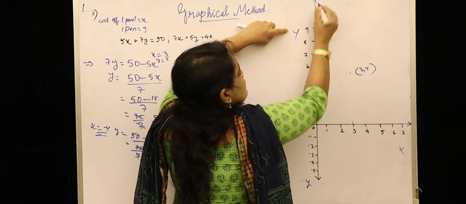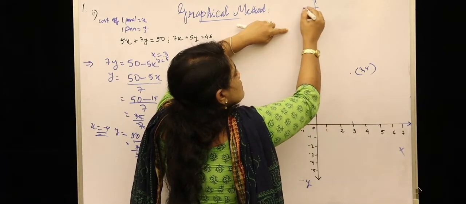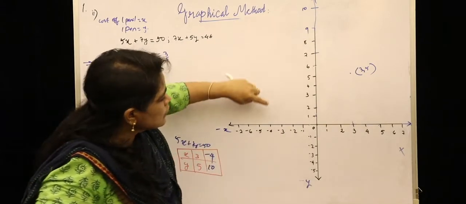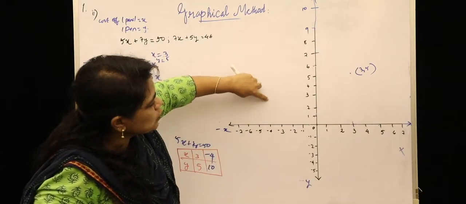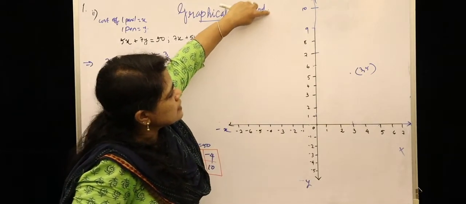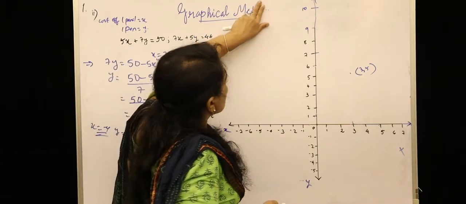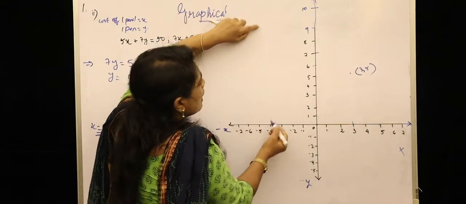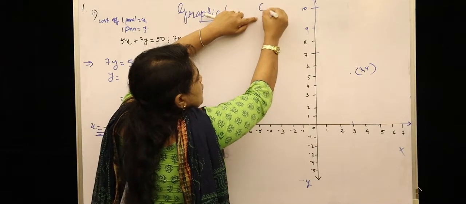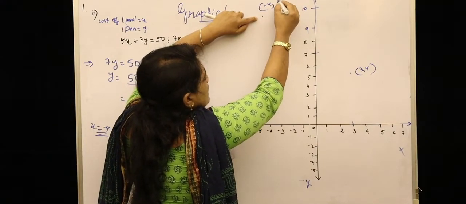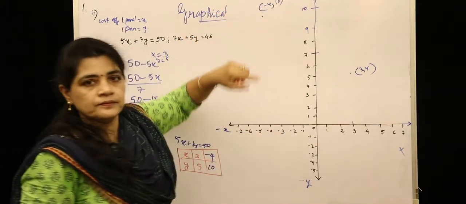We can extend the positive y-axis up to 10. So negative 4 towards 10, this point. Here that point lies at -4 and positive 10.